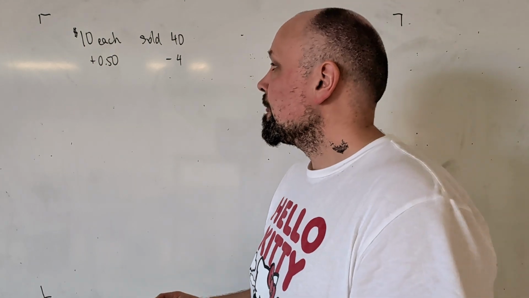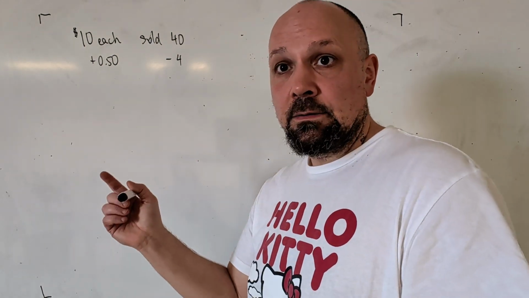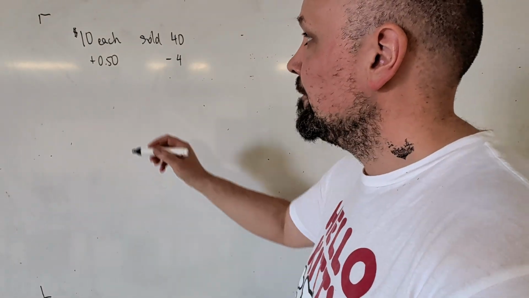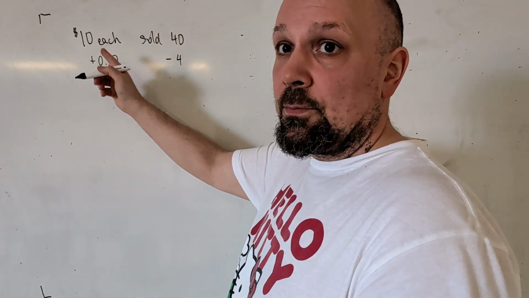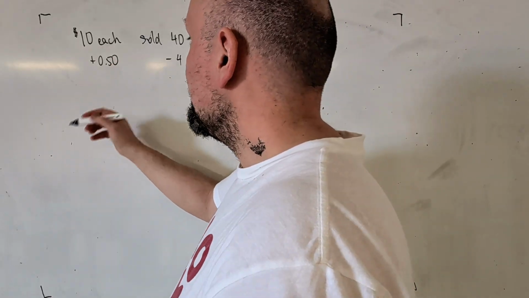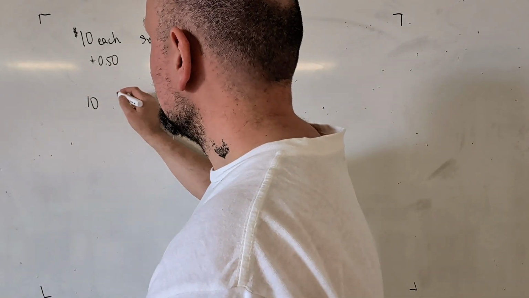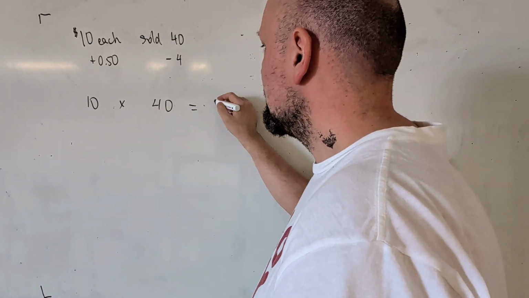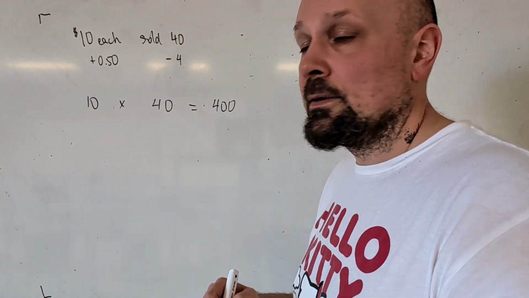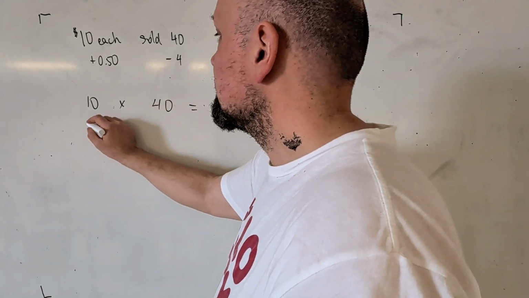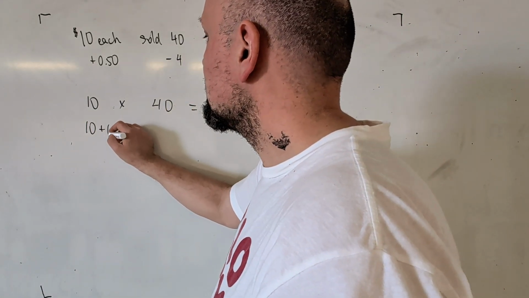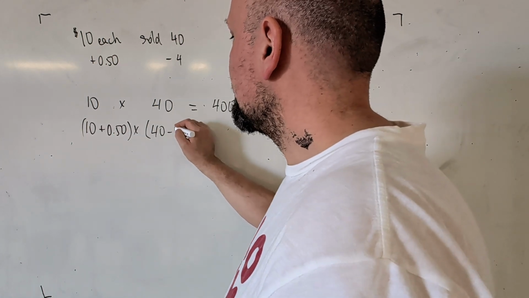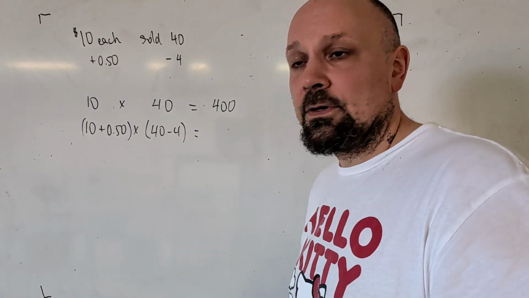Okay, so to make this equation, I always suggest thinking about it a little bit first. If they start with 10 and leave it at 10, then their revenue is 10 times 40, 400. If they increase it once, they're going to lose 4 customers and they'll have a new revenue.